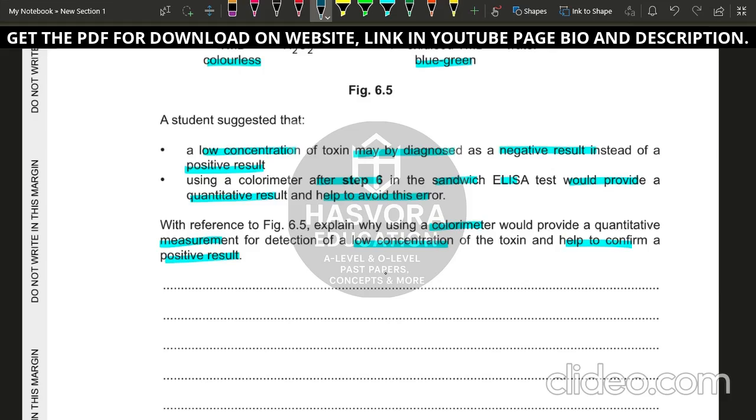and it actually gives you a value based on the absorption of light. So for example, if there is less color in the mixture, then it will give you a low concentration. And if there is more color, or you can say there is less light absorption, then it will give you high concentration.